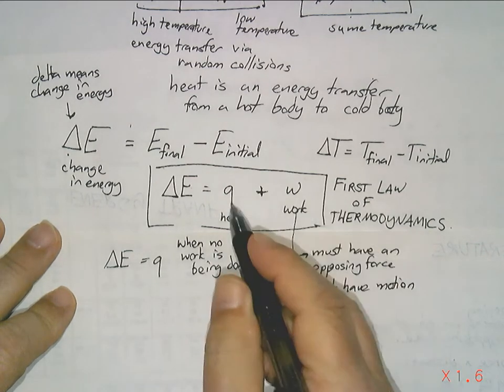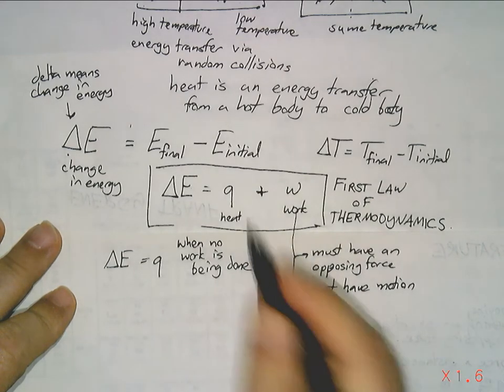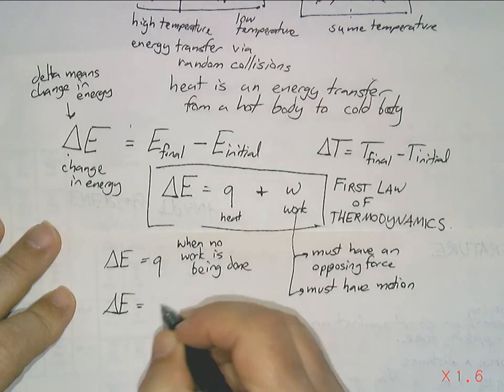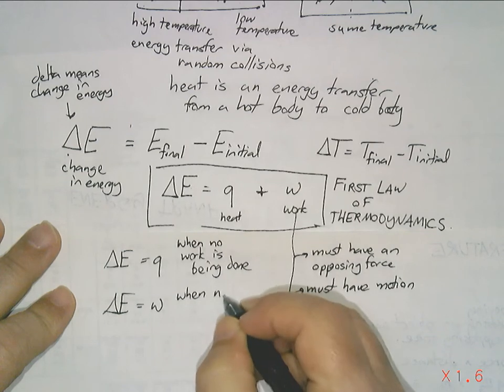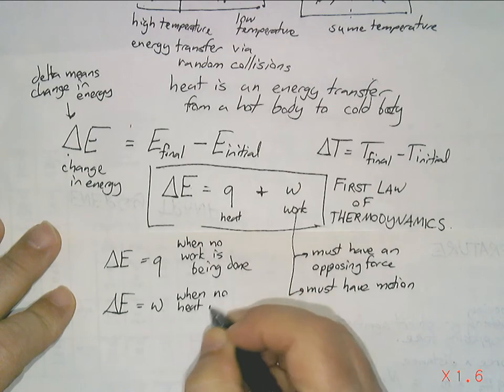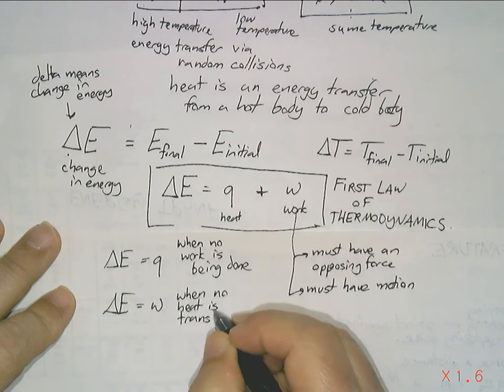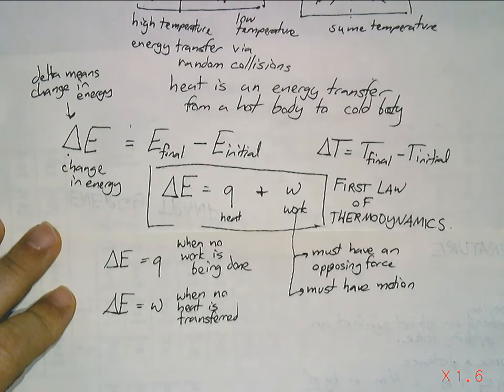Now, what happens when no heat is being transferred? When you're only doing work, then you'll have delta E equals W when no heat is transferred. When is no heat going to be transferred? Well, heat needs a temperature change.